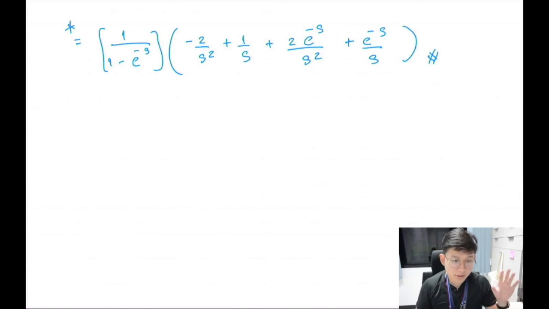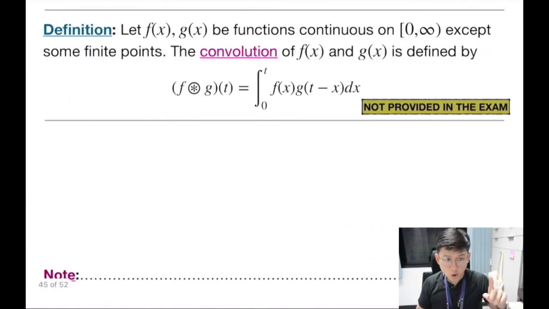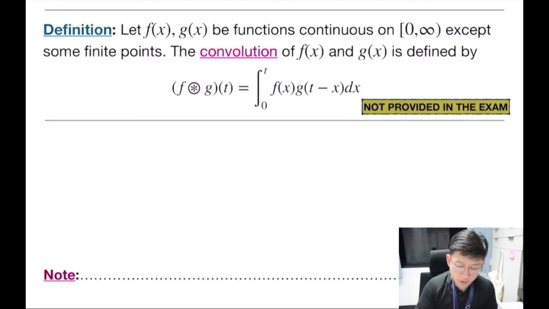Okay guys, the next topic is the convolution. Let f(t) and g(t) be functions continuous on 0 to infinity, except at some finite points. Guys, there was a typo here again, my bad.